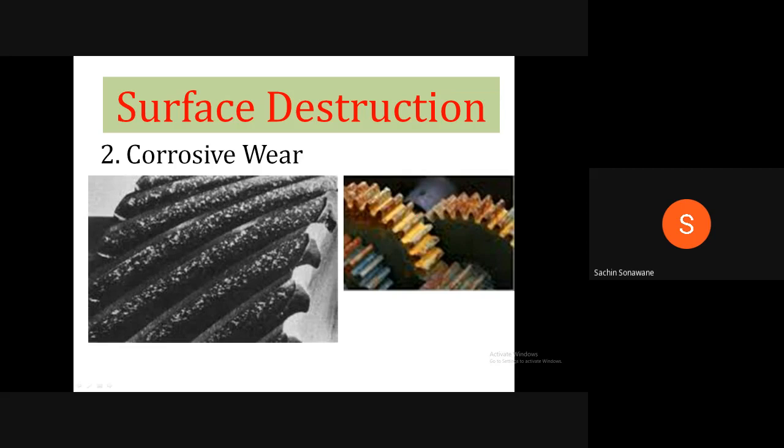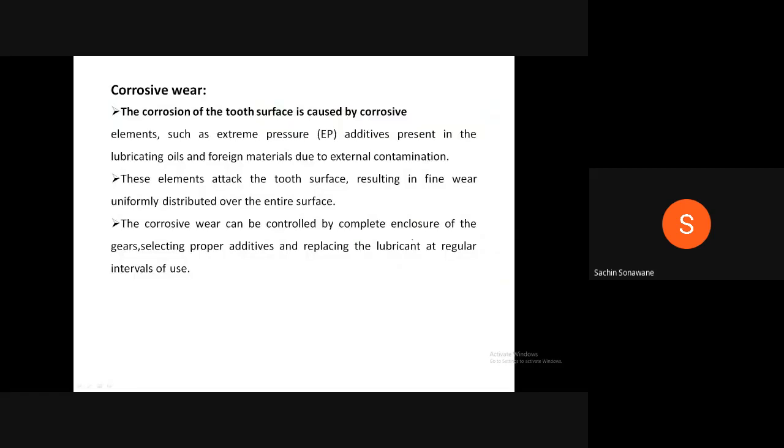Corrosion means what? Iron oxide is formed, or oxides of metals are formed, and those oxides of metals are nothing but corrosion. Therefore, the corrosion of the tooth surface is caused by corrosive elements such as extreme pressure additives present in the lubricating oils and foreign materials due to external contamination.